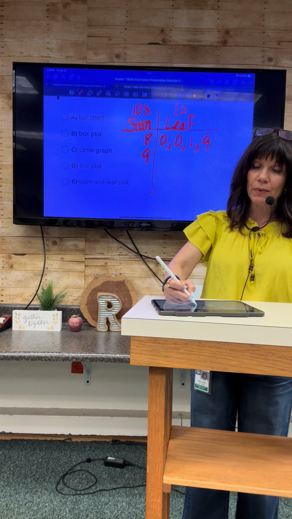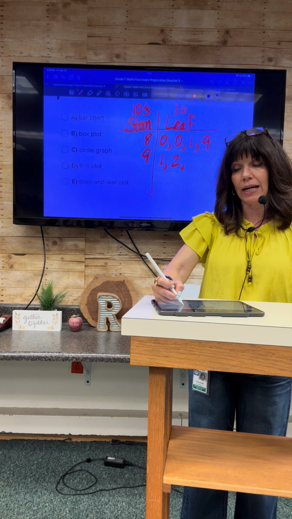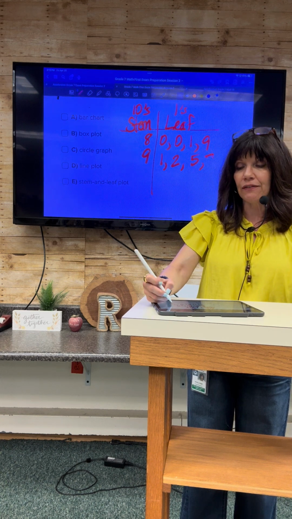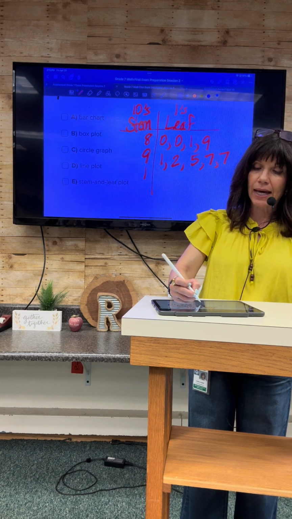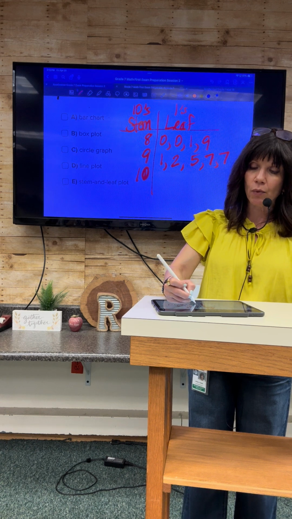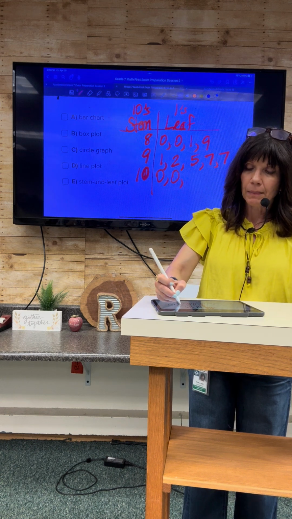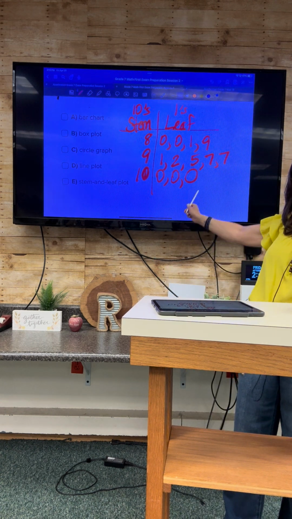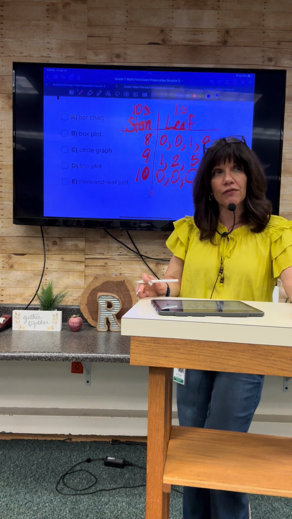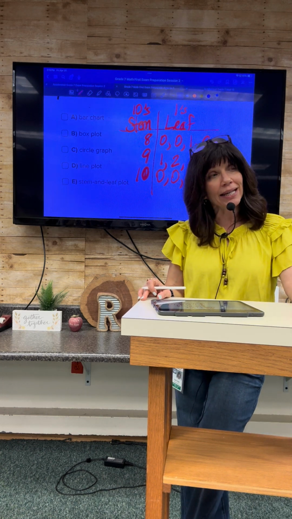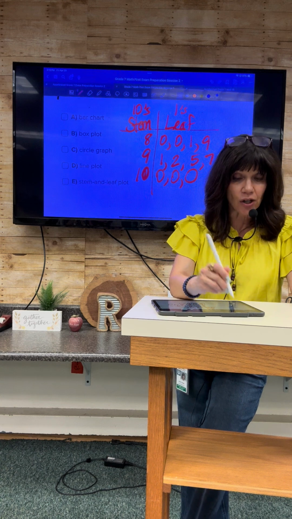Then in the 90s, we had a 91, a 92, a 95, a 97, a 97, and then there were 300s. So if you think that is a good way to see all of the individual scores, you would pick it. If you don't, you don't pick it.